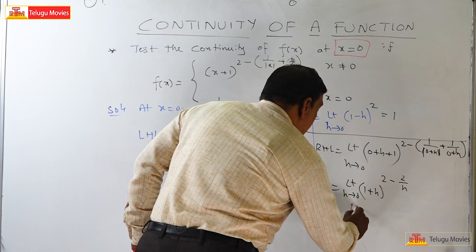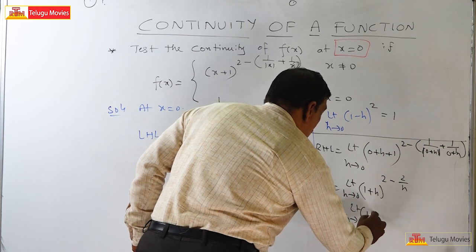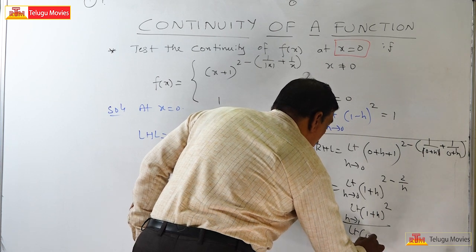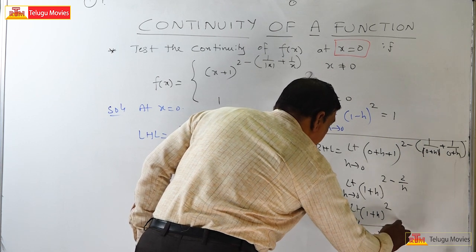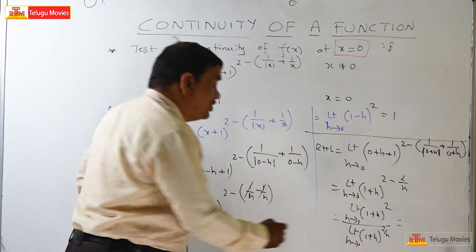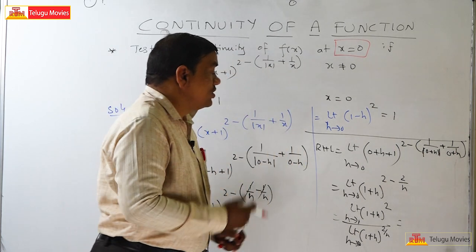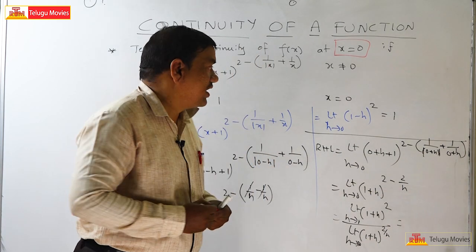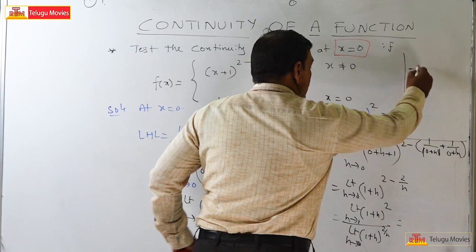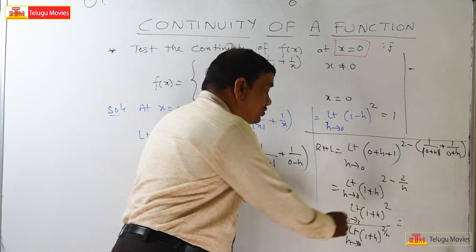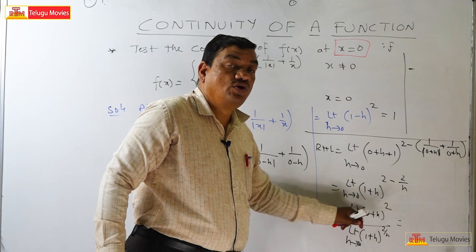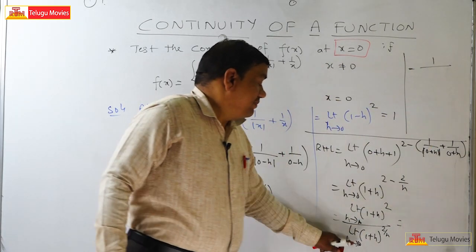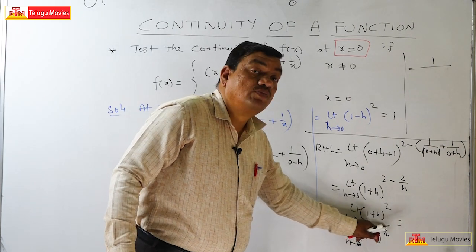So we can write the limit h tends to 0 of (1 plus h) whole square, by the limit h tends to 0 of (1 plus h) whole to the power of 2 by h, since a power m minus n is equal to a power m by a power n. It is very clear. In the numerator, h tends to 0, wherever h is there, substitute 0: 1 plus 0, 1 square, 1, by the limit h tends to 0 of (1 plus h) whole to the power of 2 by h.